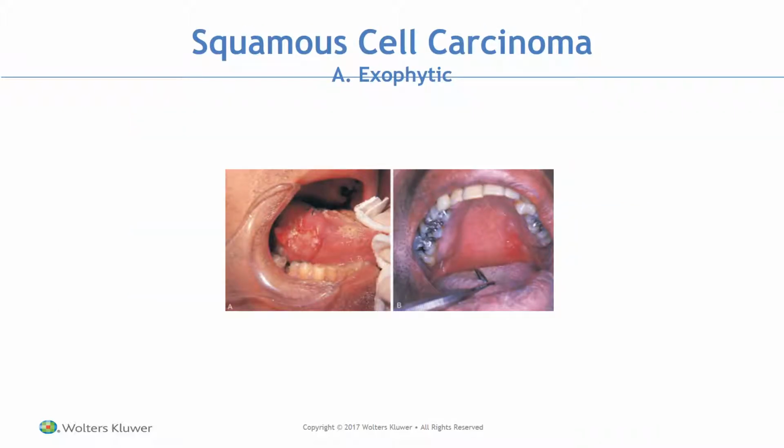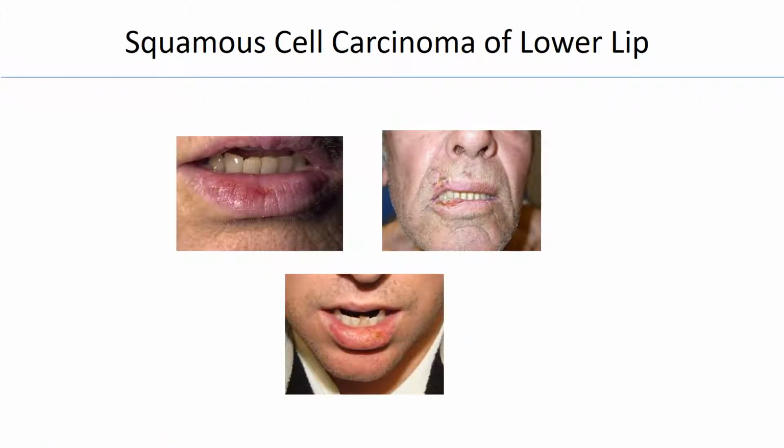Okay, and here's our squamous cell carcinoma. You can see it here, kind of protruding a little bit up here. Looks like possibly a little bit right there too, but it's hard to see. Okay, squamous cell carcinoma of the lower lip.